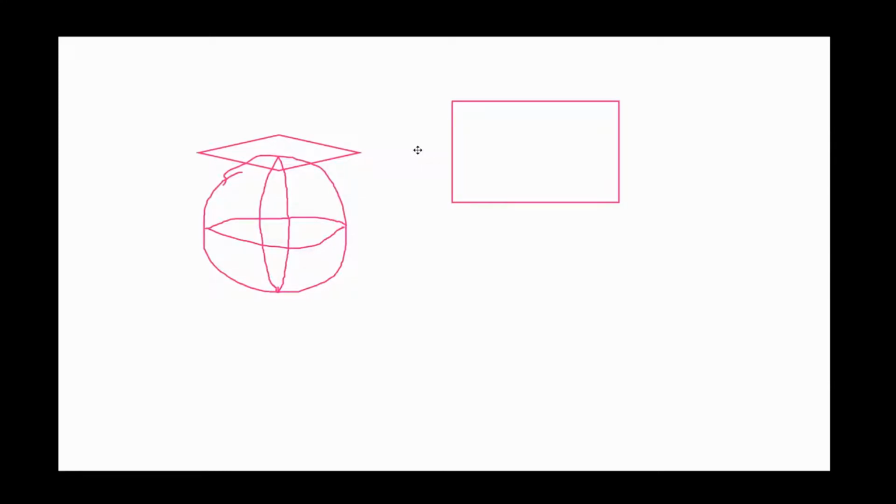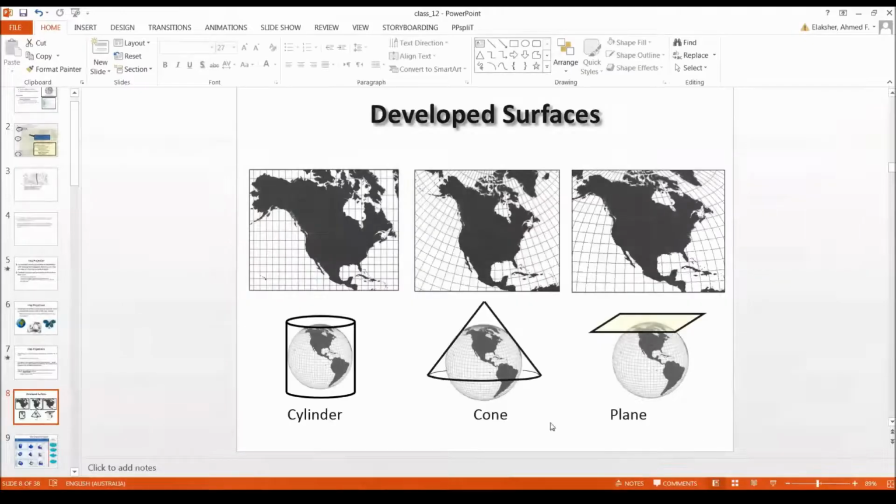So these three surfaces, the cone, the plane, and the cylinder, are the ones we use here. These are what we call the different map projections. And you see here the different ways the same part of the Earth will look. In a cylinder, if you put the cylinder this way, this is how it will be projected.